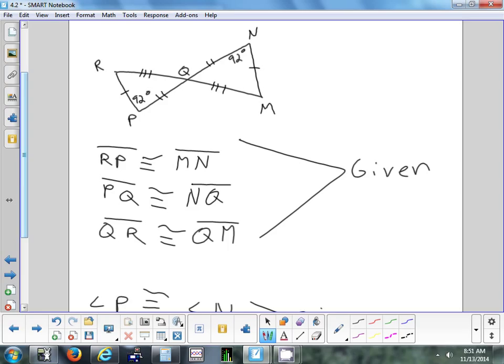If you add angle N and angle M together, they have to add up to the exterior angle. So N and M, the two remote interior angles, do have to add up to an angle that's on the outside, angle RQN. But it doesn't help us, because that's an exterior angle. We need to prove something about an interior angle. But that is a true fact. I'm not sure how it directly would help us to prove.